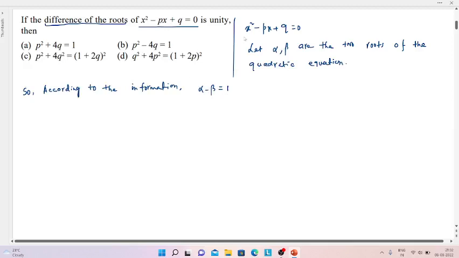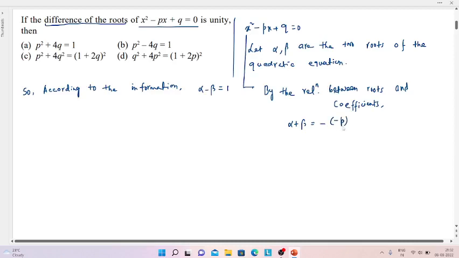And also by the relation between roots and coefficients, we can say that the sum of the roots, which is alpha plus beta, is equal to minus b by a, I mean minus of minus p by 1, which is definitely p.